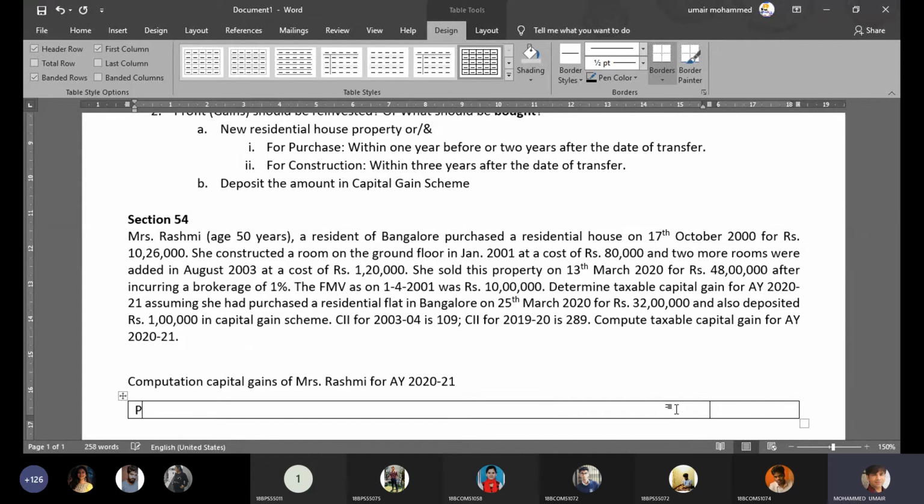So the procedure and the format would remain the same. First thing we have to figure out is sale consideration: at what price the property is sold.